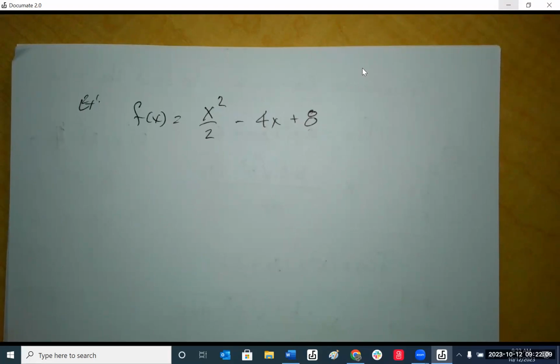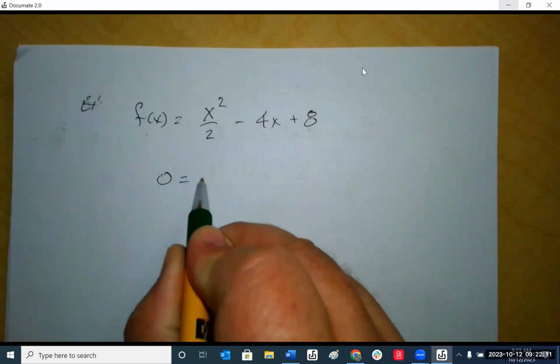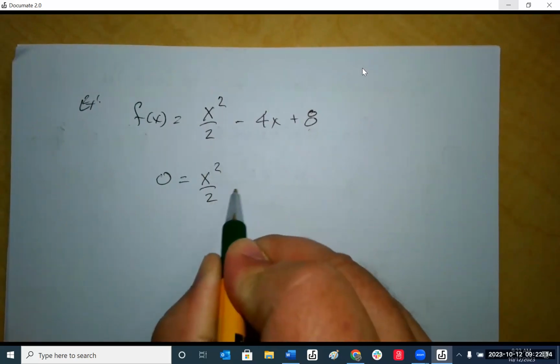Rewrite the equation. Remember, it has to be equal to 0, and everything has to be on one side.